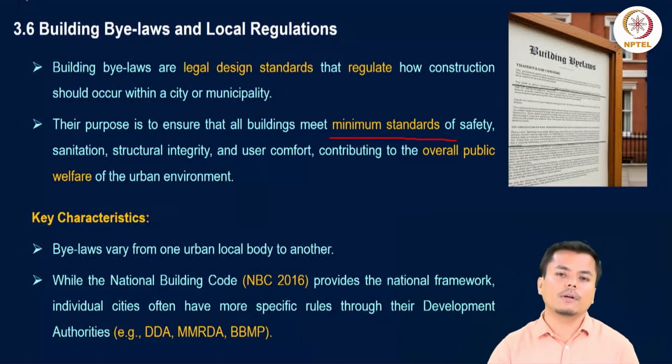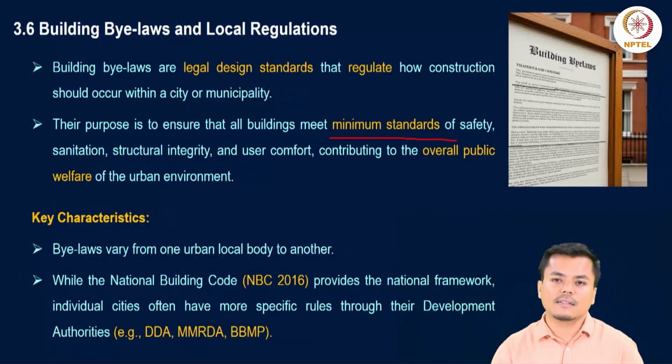And if you are not able to get the details about your project in that DCR, you can refer to the National Building Code, that is NBC 2016, which is prepared by the Bureau of Indian Standards, and the information there in the NBC helps you ensure the safety of users within the building.